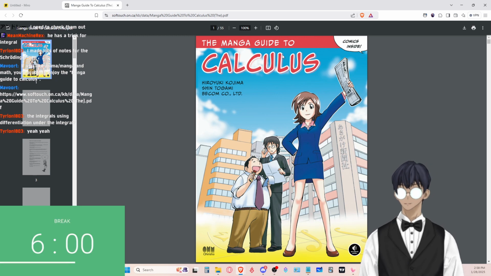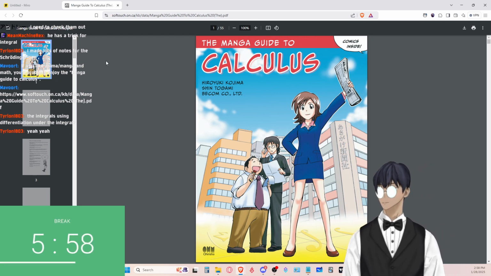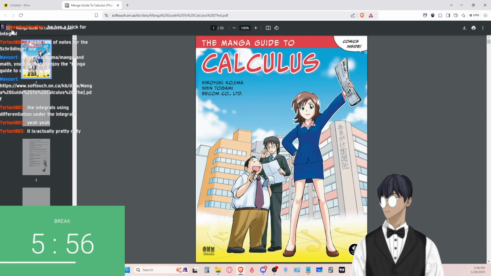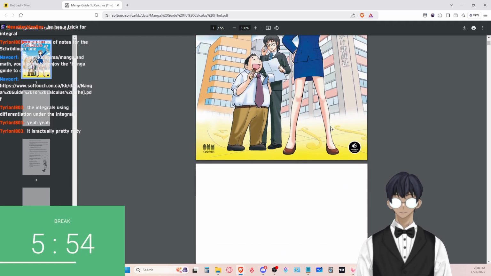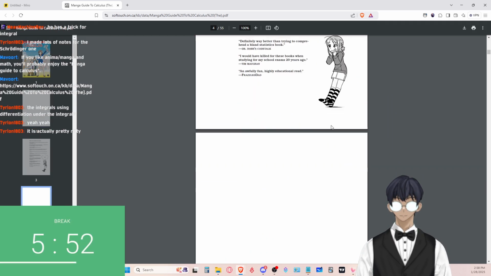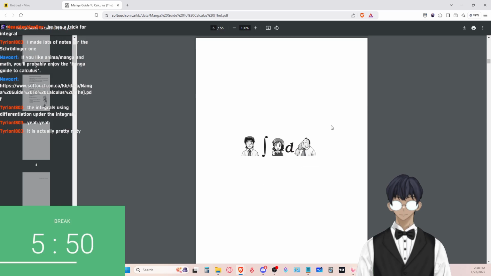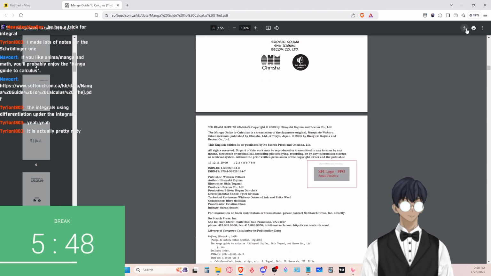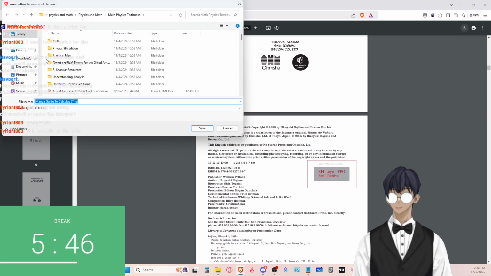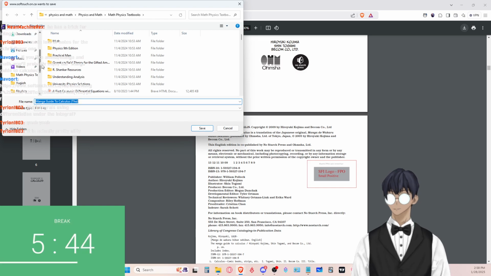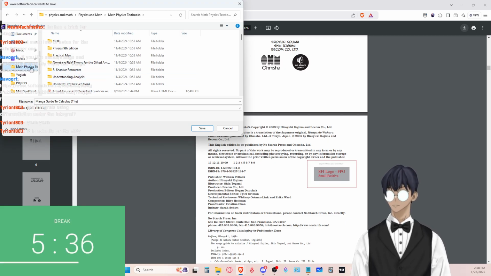What is this? Oh, you actually have a PDF version of this? Oh, there's no bookmark section though. Okay, that makes sense. Actually, I was wondering if I should get the manga explanation books on math and physics. But thank you for sending this to me.